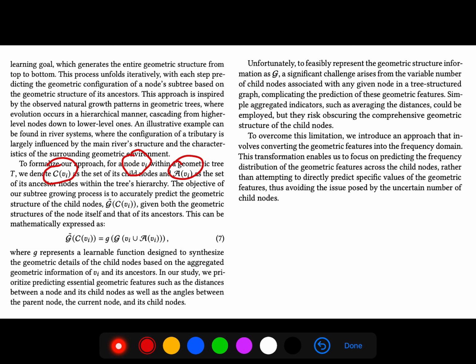And G is just a learnable function to synthesize the geometric details of the child nodes based on the aggregated geometric information of v sub i.